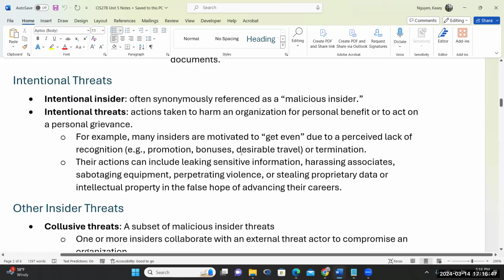Now you have the intentional insider, and these are malicious insiders. They are very stealthy, and it's a lot more difficult to detect. Some of it we'll talk about, how some of this can go into other areas like espionage. But the action taken is usually for personal benefit or personal grievance.